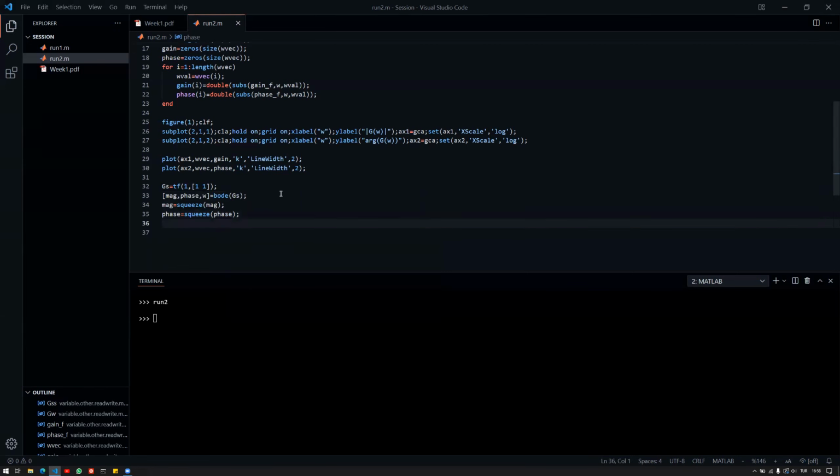In that case, the bode plot will generate multi-input, multi-output magnitude and phase vectors, and it will have an extra dimension to determine between which input channel and output channel this bode plot is generated. In our case, we will use single systems, so we will just get rid of the extra dimensions, which are not really necessary here.